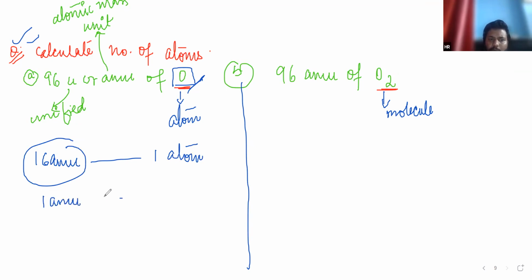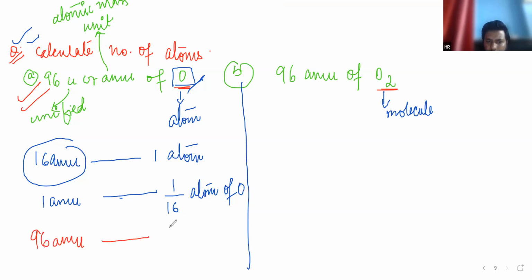In 1 mu, how many atoms of oxygen will be present? 1/16 atom of oxygen. So we need to calculate in 96 mu. So we will write 96 mu, 1/16 into 96 atoms of oxygen.